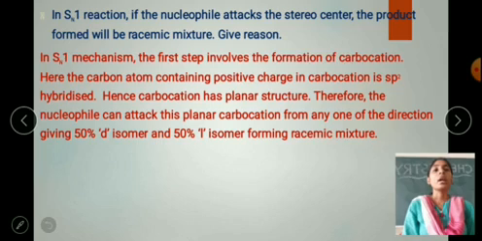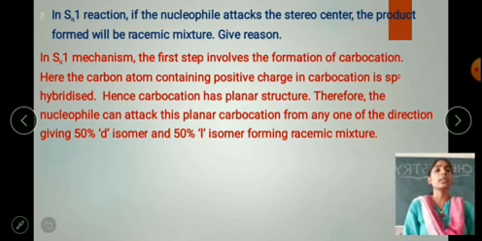Here, the carbon atom containing the positive charge in the carbocation is sp2 hybridized. In your previous classes, you have learnt about sp2 hybridization: mixing of one s orbital and two p atomic orbitals to form three hybrid orbitals.